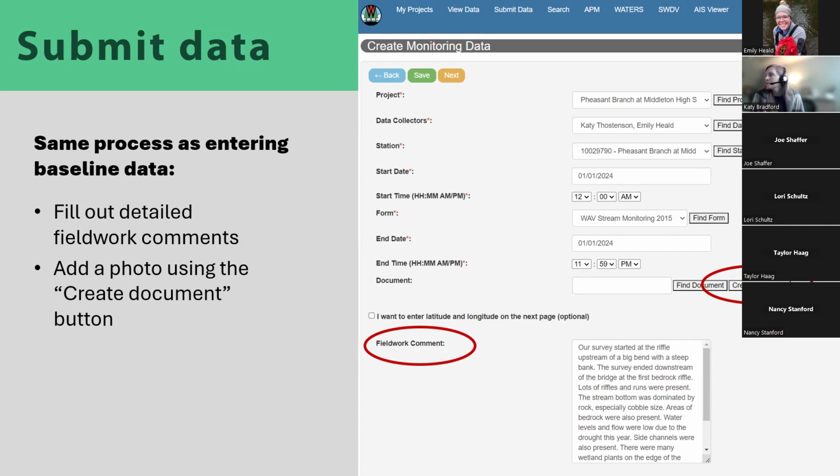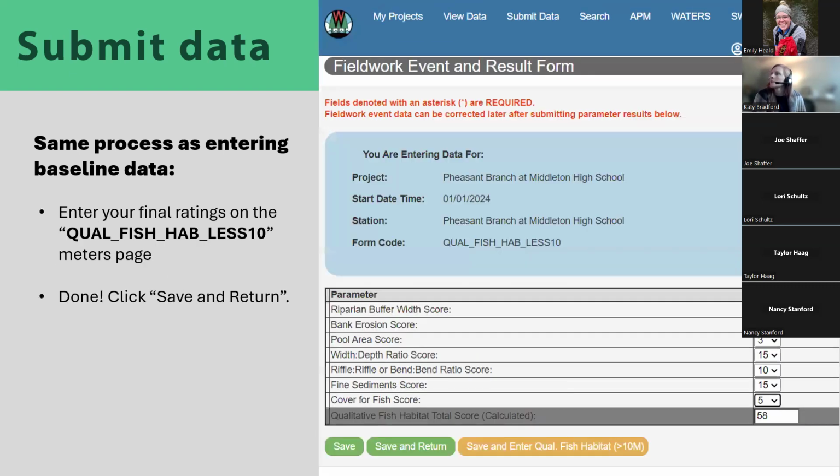And so what I have circled here is the create a document button to upload a photo to your fieldwork event. And I'm not going to provide details on how to do that here, but you can let us know if you need help doing that. And then this is what the page looks like.